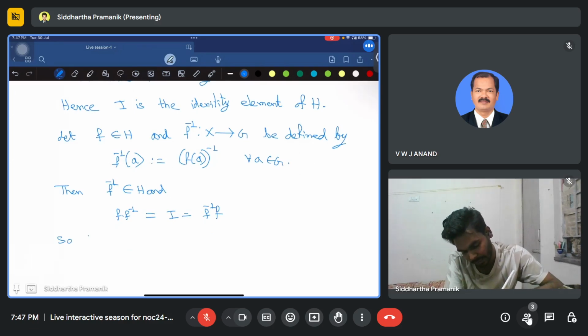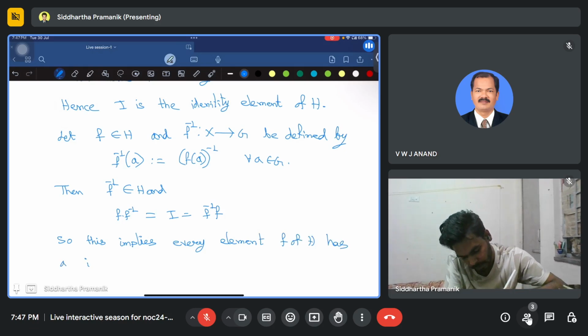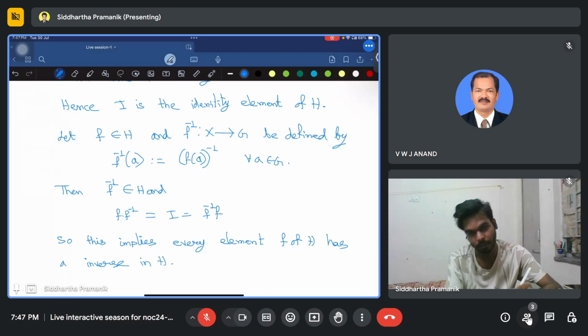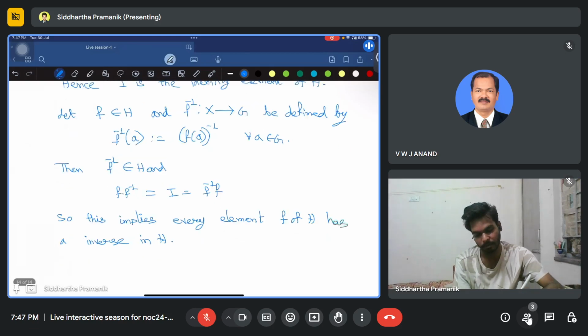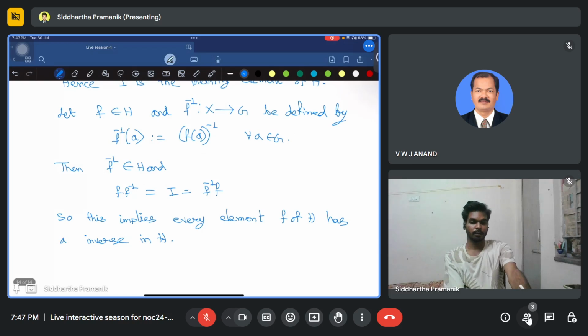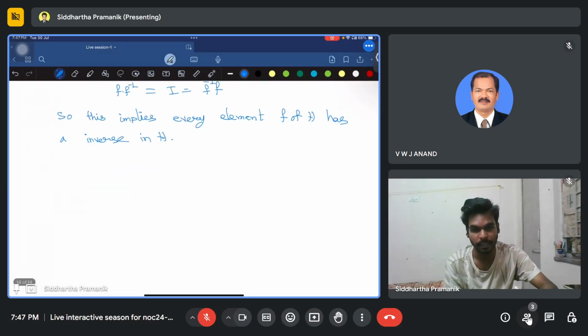So this implies every element f of H has an inverse in H. Okay. So every element has an inverse. So the final property is the associativity property, and let's check manually.